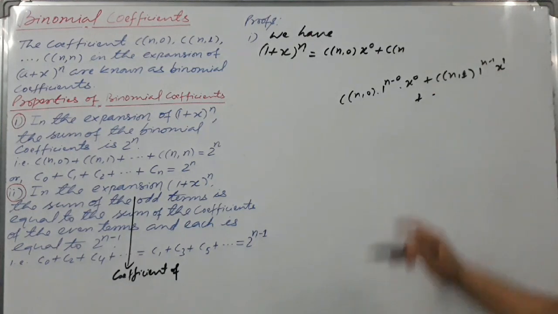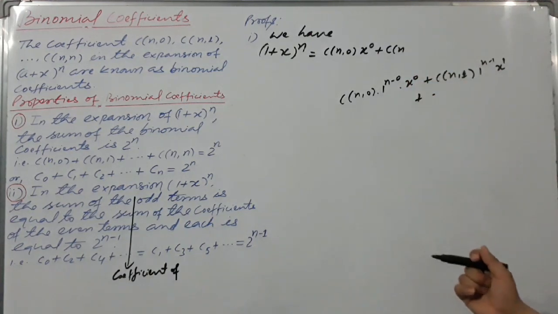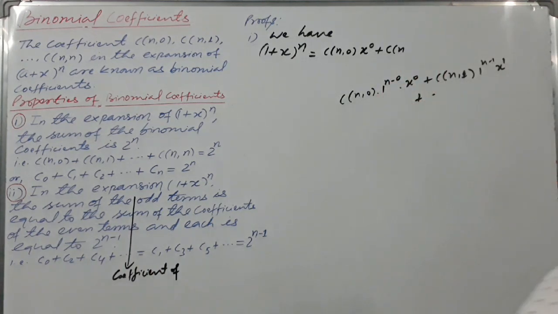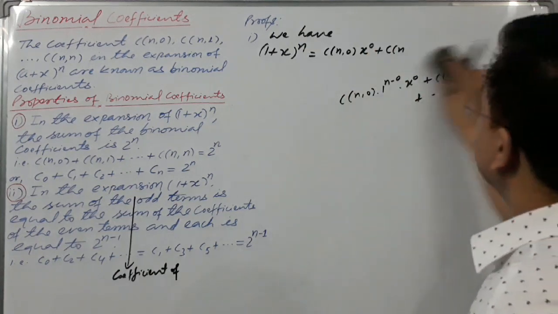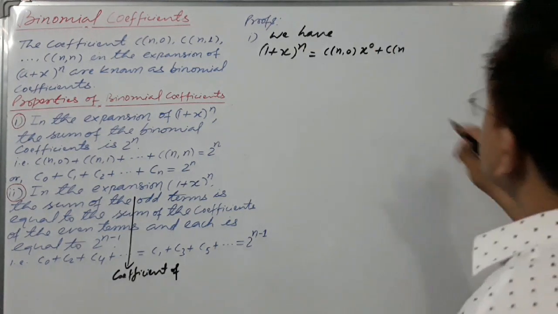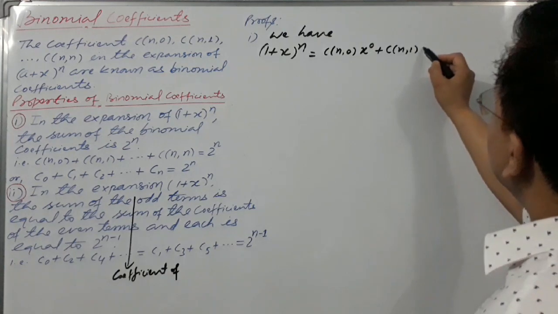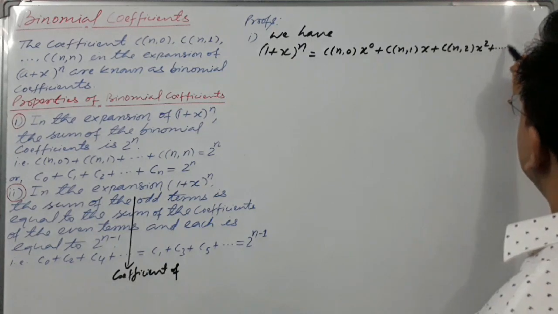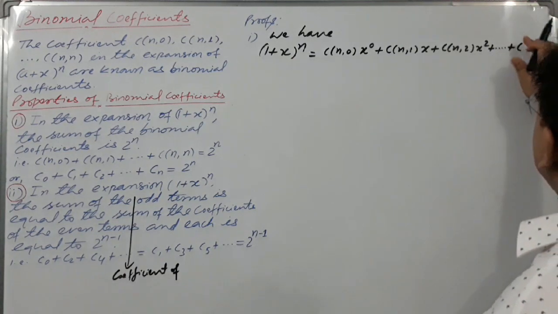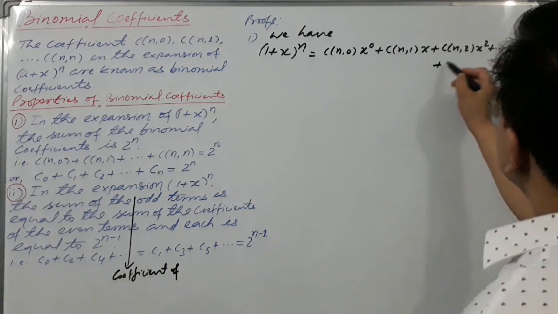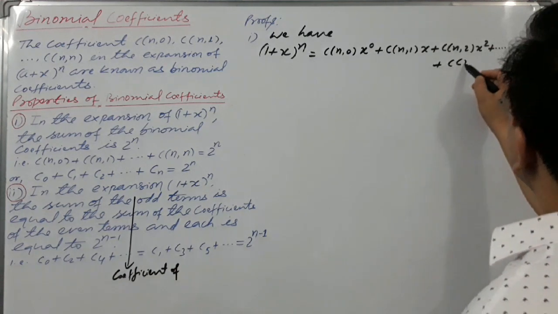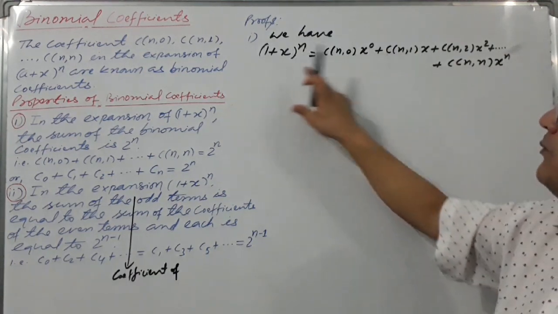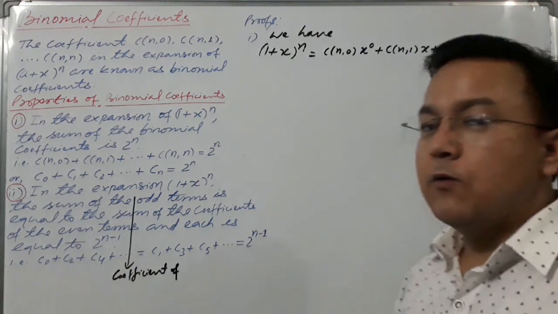As you know, any power of 1 is equal to 1, that's why I have not written it here. So directly I am going to write C(n,1) x + C(n,2) x square + ... and finally, because of lack of space, plus C(n,n) x raised to power n. This is the expanded form of (1 + x) raised to power n.